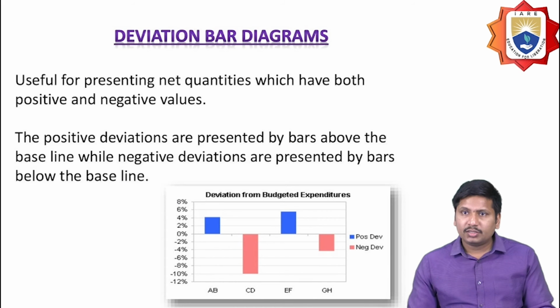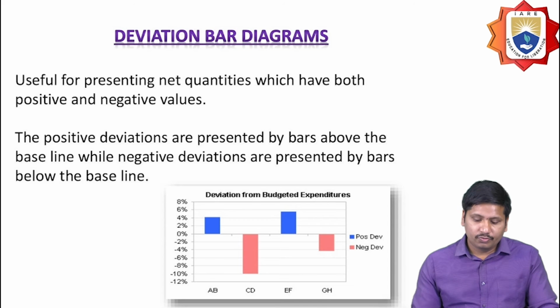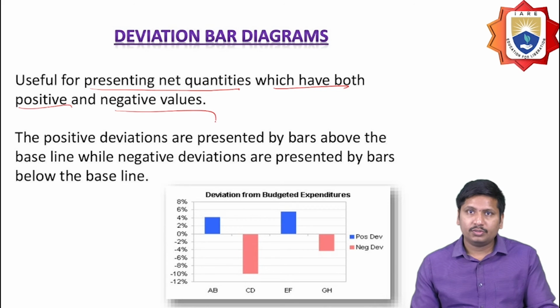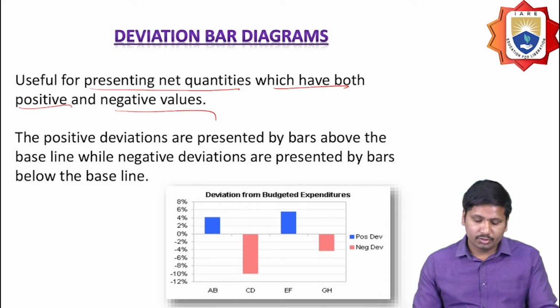And what is the deviation bar diagram? This is also one type of bar diagram, and it is useful for presenting net quantities which have both positive and negative values.